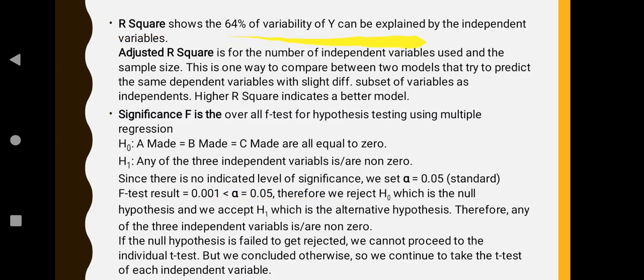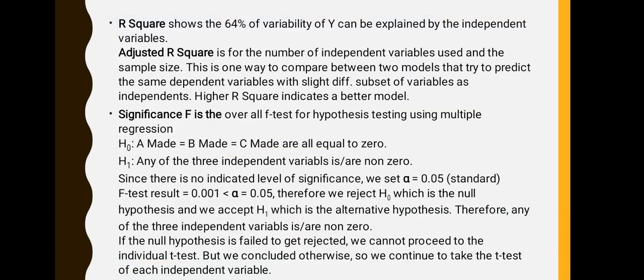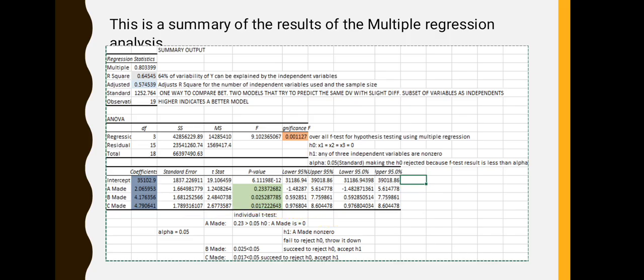I have already explained this part. Now, significant F is the overall F test for hypothesis testing using multiple regression. First, we have to make a hypothesis test.